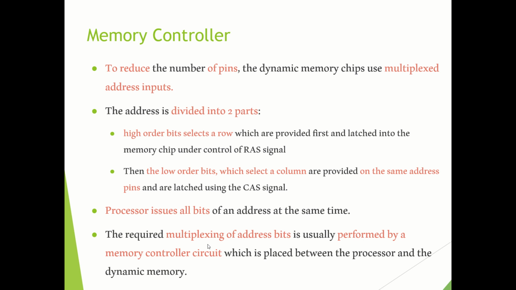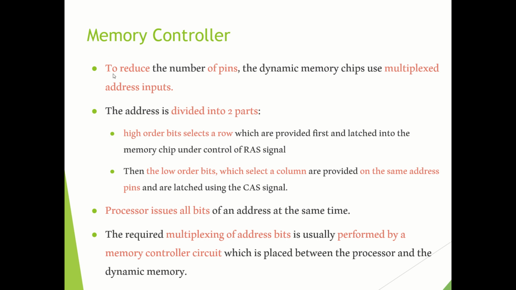First, from all the bits, it will decide the number of bits which are used to identify the row of the memory cells, and that will be given. After that, it will select the column lines, that is, the same number of lines are used to give the column address. And that is the main advantage of this memory controller.